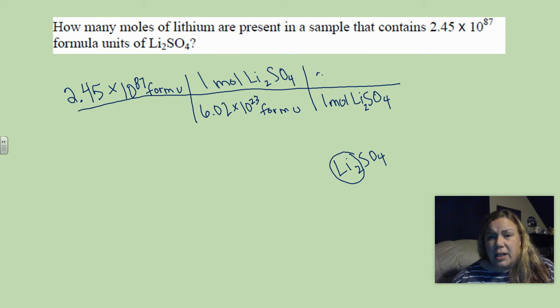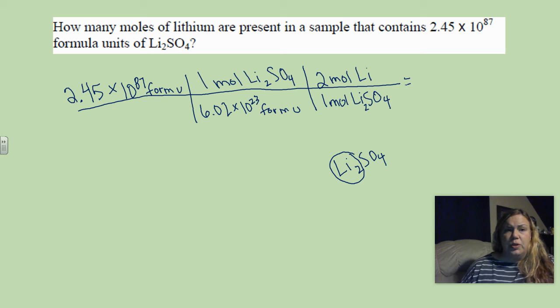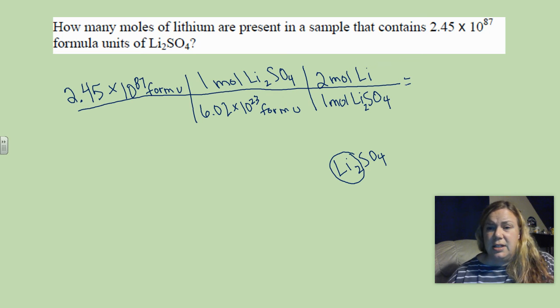So therefore, we're going to have 2 moles of lithium for every 1 mole of lithium sulfate. We're going to multiply that out, and again, we're going to get a very large number because that 10 to the 87 is honestly pretty ridiculous. So we're going to divide out, and we are going to get a giant number still.